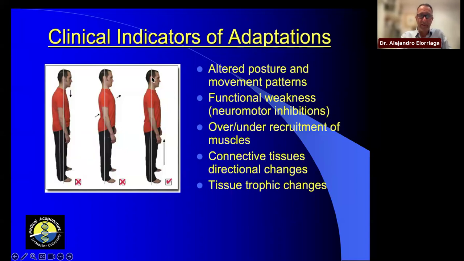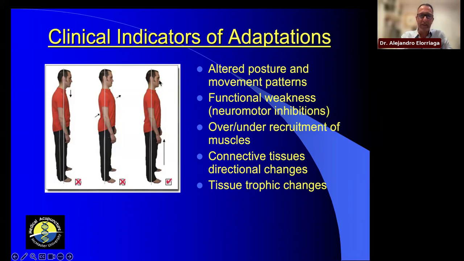And here in this diagram, you can see from the first to the second different shifting of the ideal line of gravity, the line through which ideally gravity should pass.